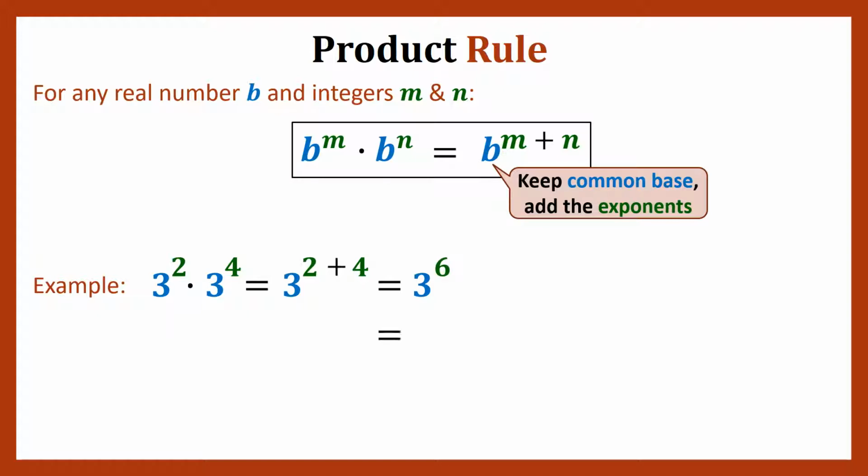In turn, this equals the repeated multiplication of 3 6 times. If we evaluate this product, this equals 729.